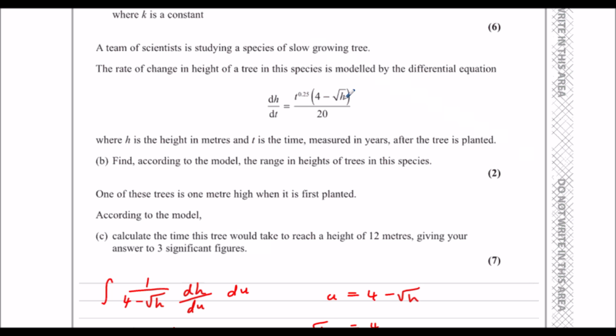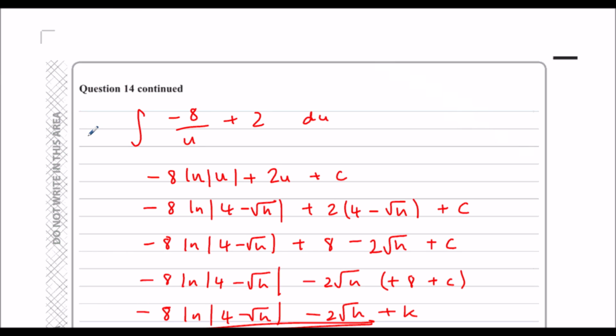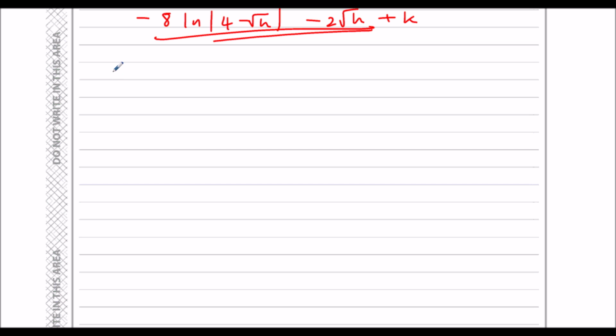So 4 minus root h is going to be bigger than 0. 4 minus root h has got to be bigger than 0. So add root h to both sides, and then square both sides. h is less than 16.